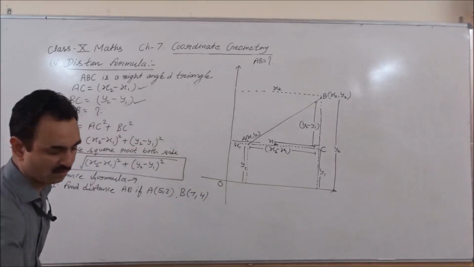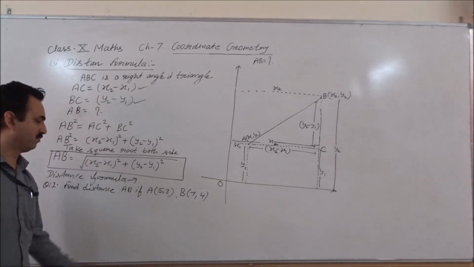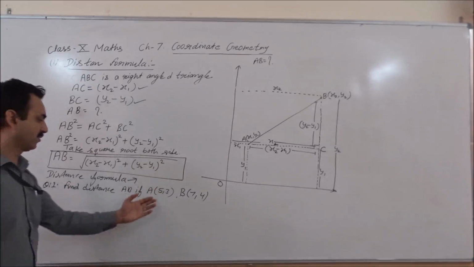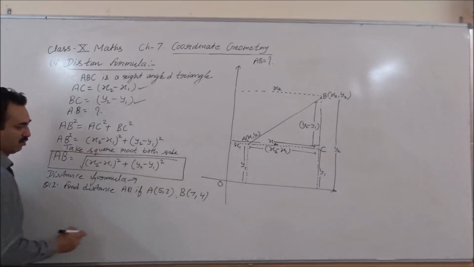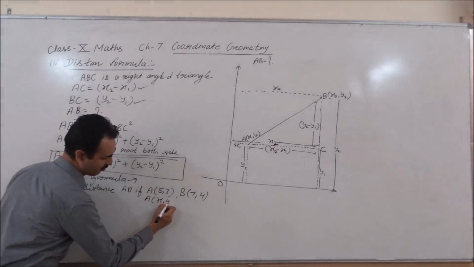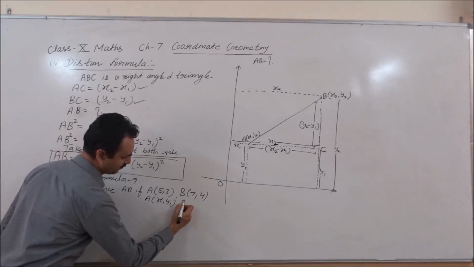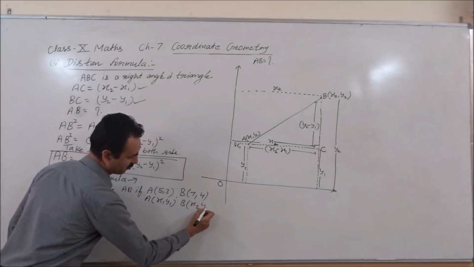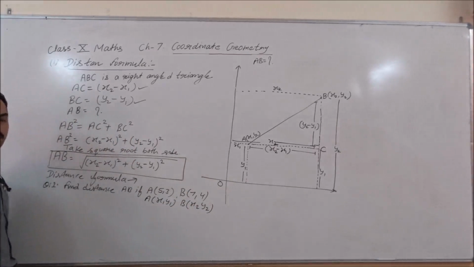So we have to find the distance between these given coordinates. Here this is x1, y1, and this is x2, y2.